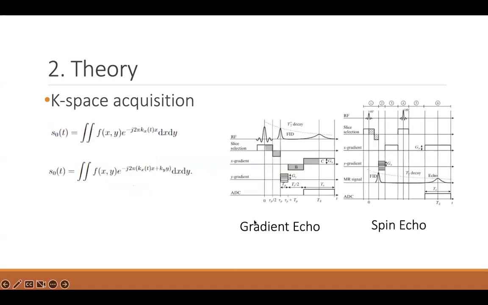For the k-space acquisition, we are implementing both gradient and spin echo pulse sequences, and for both of them, we have implemented a rectilinear data acquisition diagram, as you can see on the screen. After these pulses, the signal that we receive is given by a Fourier transform relation, where the frequencies are given by kx and ky, and they are determined by the applied x and y gradients.